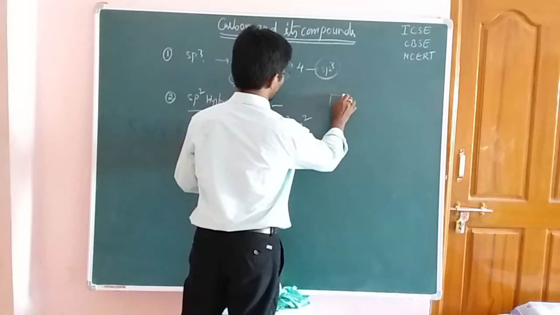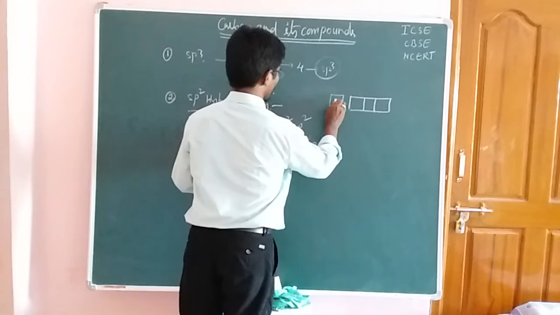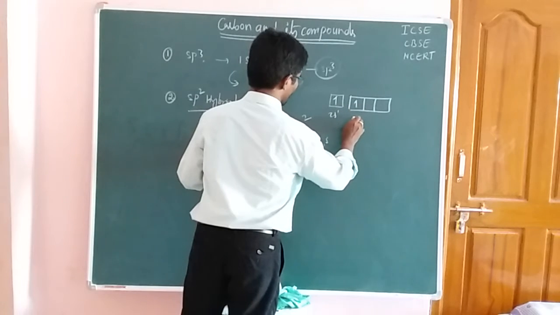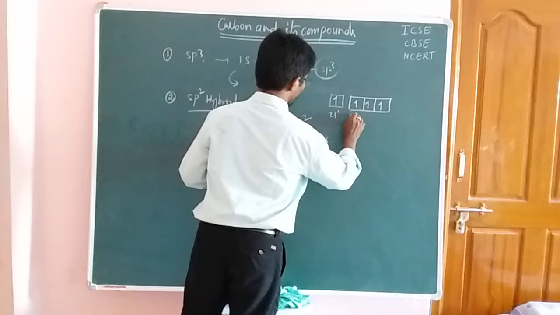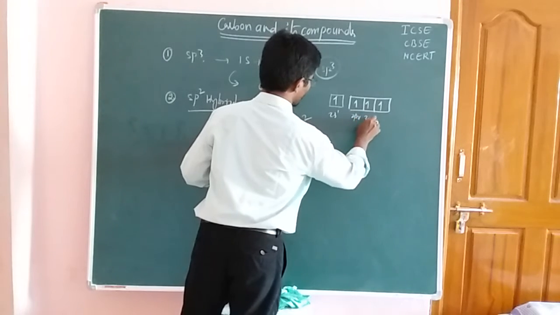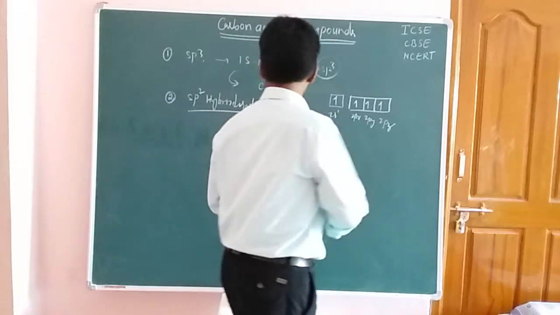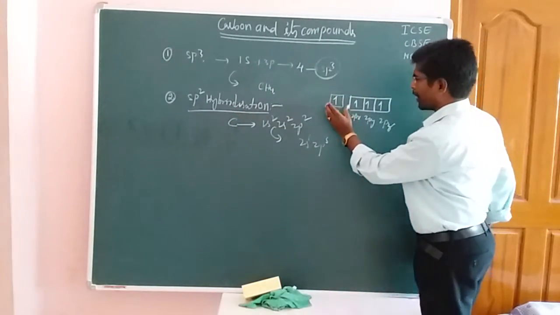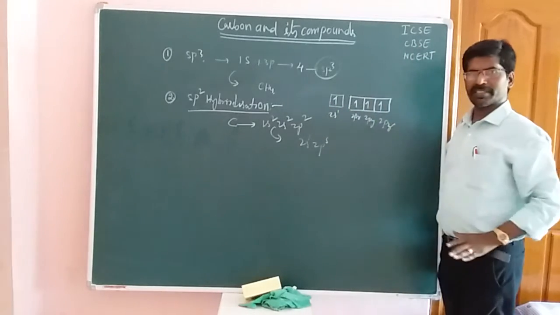Here we have to write the orbital diagram: 2s1, then 2px1, 2py1, and 2pz1. This is the 2px orbital, 2py orbital, and 2pz orbital.